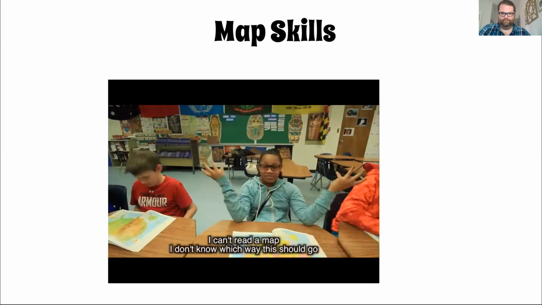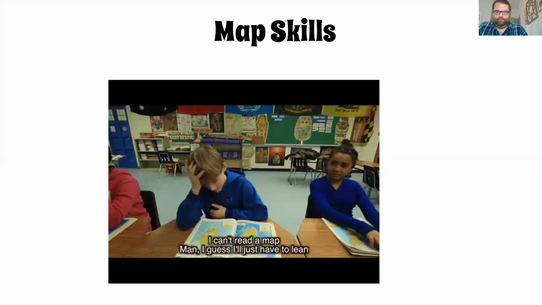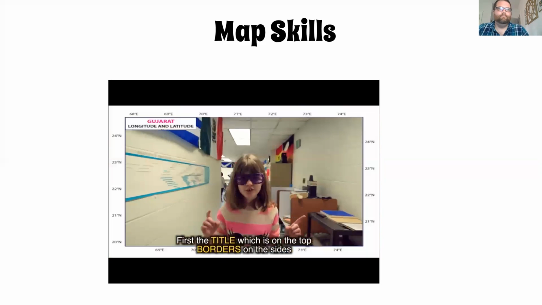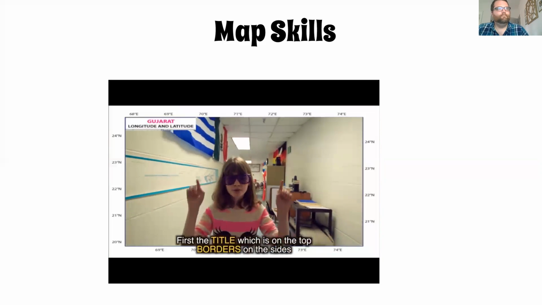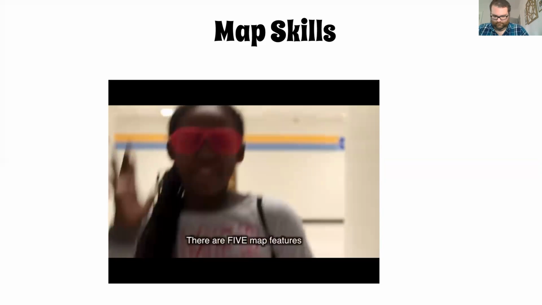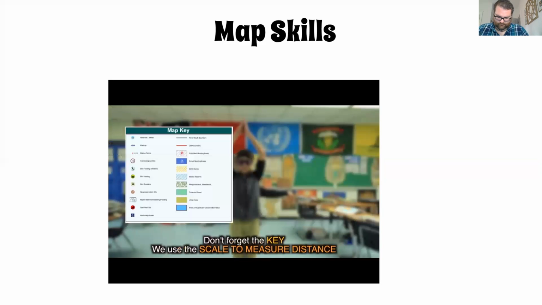I can't read a map, I don't know which way this should go. I can't read a map, man, I guess I'll just have to learn. There are 5 map features. First the title, which is on the top, borders on the side, don't forget about the compass. There are 5 map features. Compass reads north, east, south, and west, don't forget the key we use to scale the measured distance.